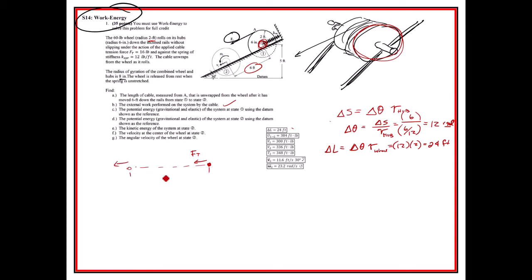This is the distance that it's unstretched. So U1 to 2, the work, is going to be the tension of the cable times the delta of the length. So that's going to be 16 times 24, right? Because the cable.